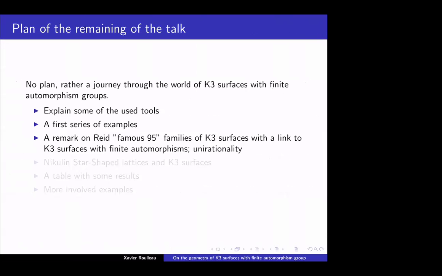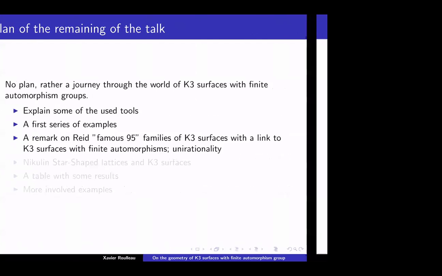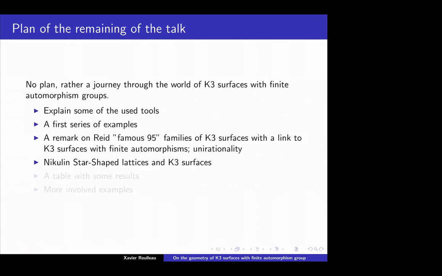I will make a remark on the connection, a link with the famous 95 families of K3 surfaces constructed by Reid. And from that, one obtains the unirationality of many K3 surfaces with finite automorphism group. I will also speak about Nikulin star-shaped lattices and K3 surfaces.